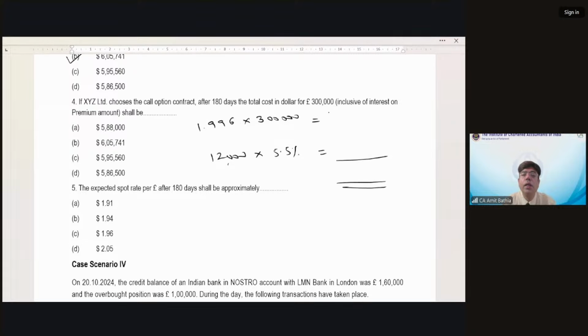That is what we need to calculate. So 300,000 multiplied by 1.996, and then 12,000 into 5.5%.